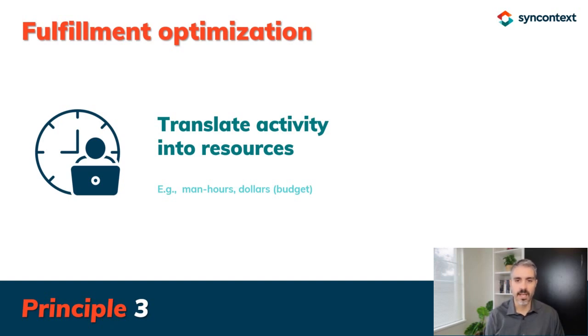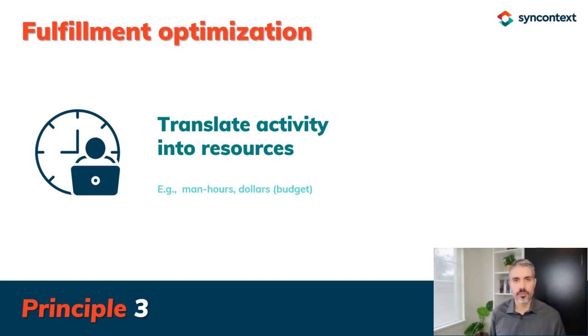Another way to see resources could be man hours, but also translate that into dollars, depending on how much each step of the process costs in terms of labor. So principle number 3, converting activity drivers into hours and dollars, otherwise called resources.